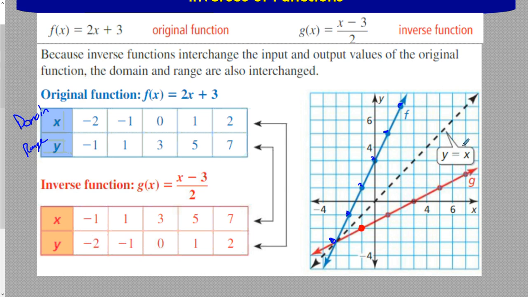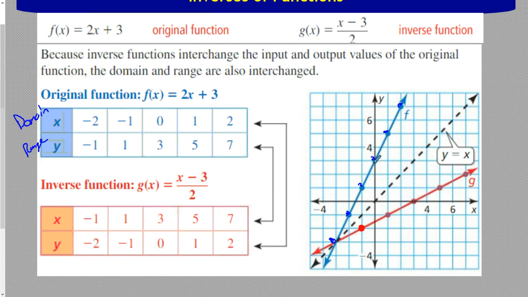We've swapped the inputs and outputs, and what that does graphically is reflect the graph across this line, y equals x, right? So if we're flipping all of these points, mirroring them across this line of reflection, y equals x, the blue is our original function, and the red is the inverse. If you looked at each of the coordinates of each of these points, you swap the x and y coordinates, you get these points down here.